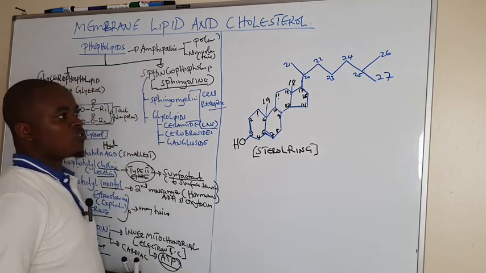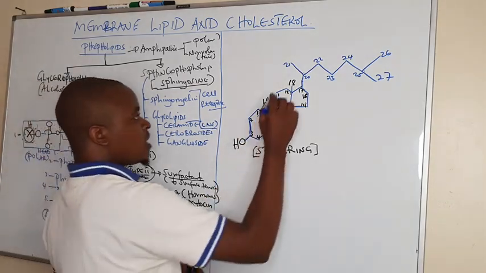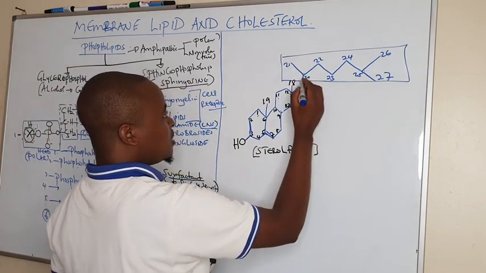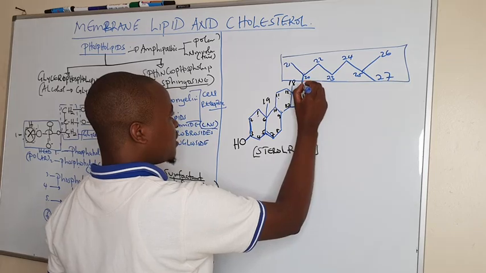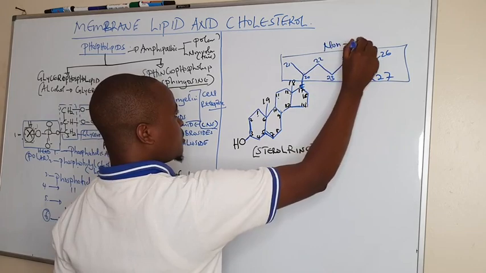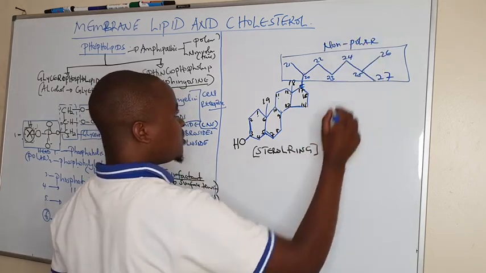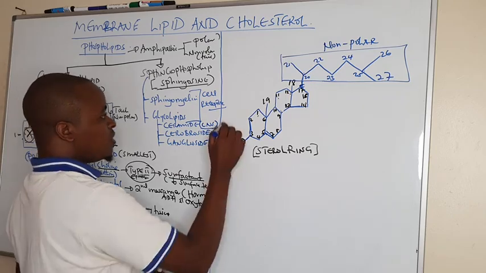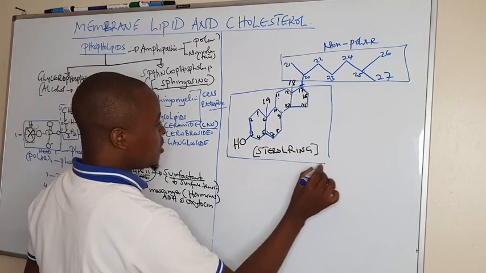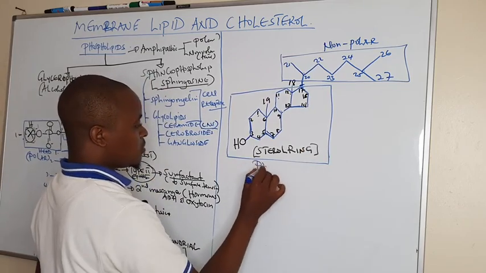So this is the structure of cholesterol with the hydrocarbon chain, and this hydrocarbon chain, which is attached on carbon number 17, is non-polar. Then with the sterol ring, this sterol ring is polar.